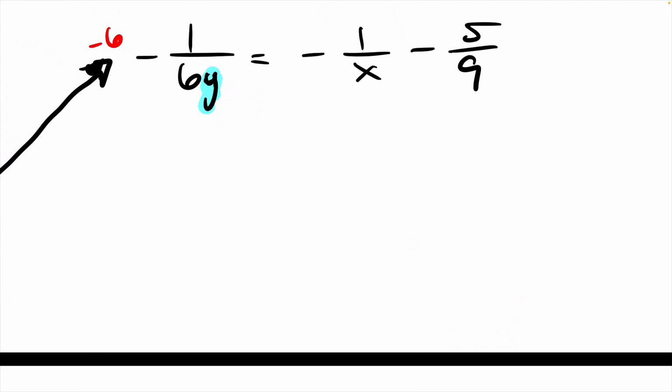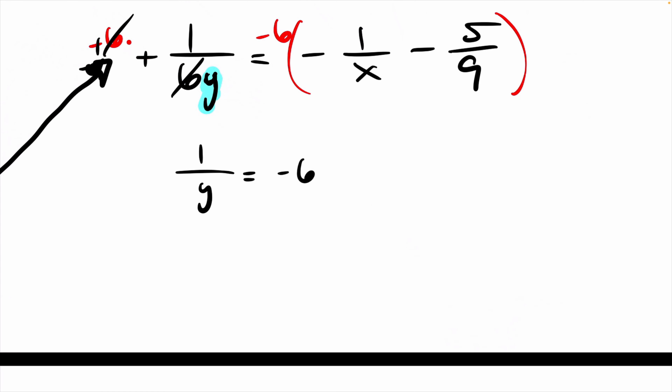The -6 and the -6 will cancel out. So I'll have 1 over y equals -6. I'm not going to distribute. You can do distributive property, but I'm not. You guys have done that a million times.